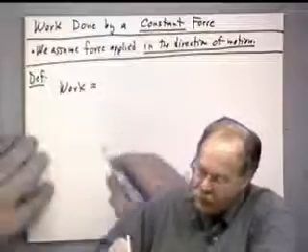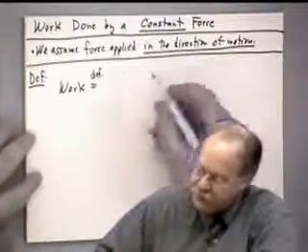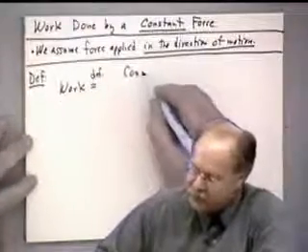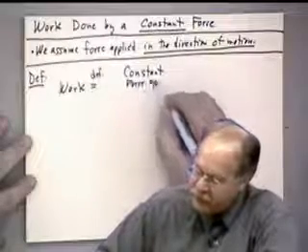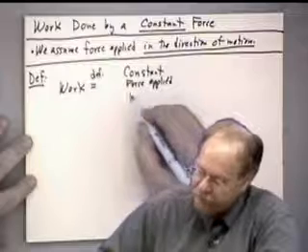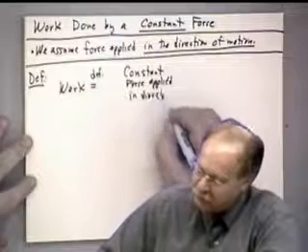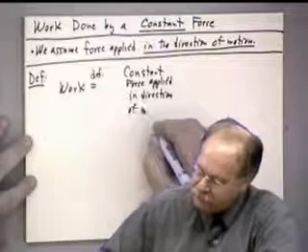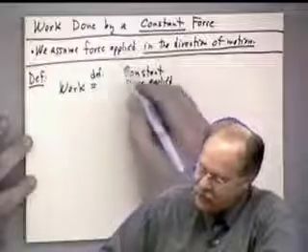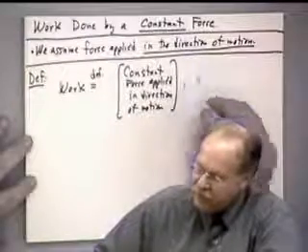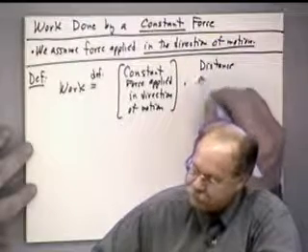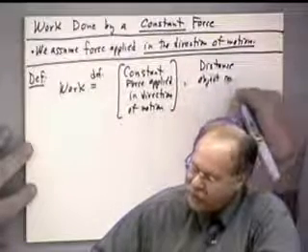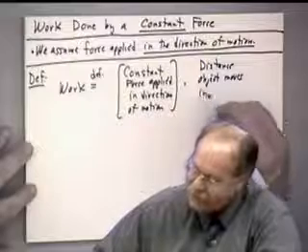Work, by definition, is a product of two objects. It is the product of the constant force applied in the direction of motion. So it's this constant force, and constant is very important here, times the distance the object moves in that direction.